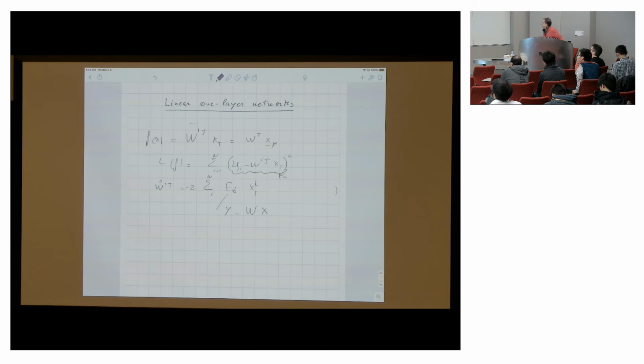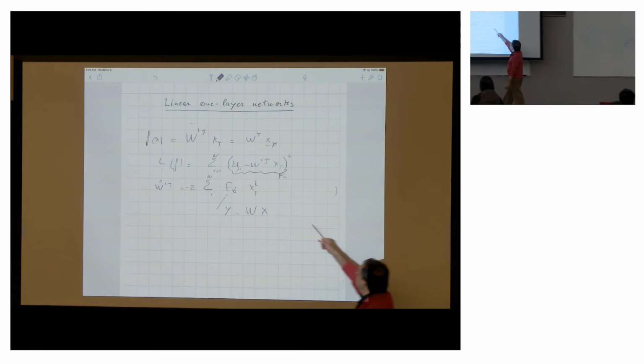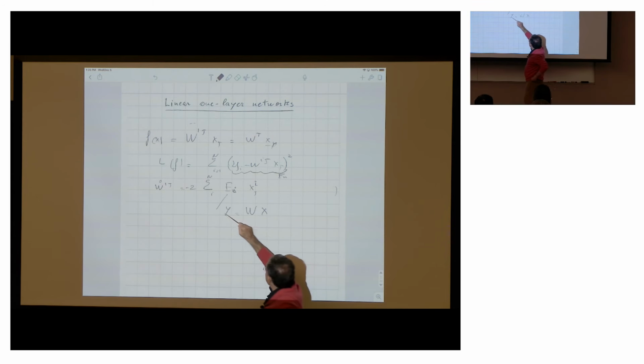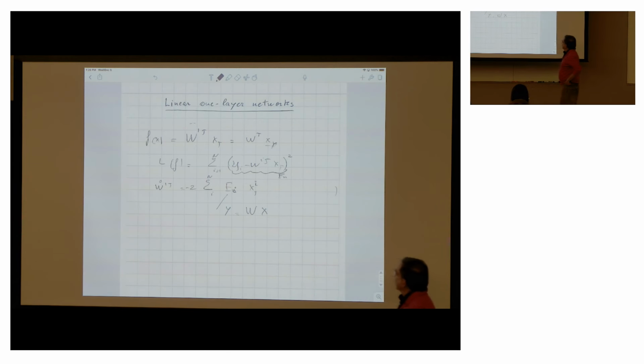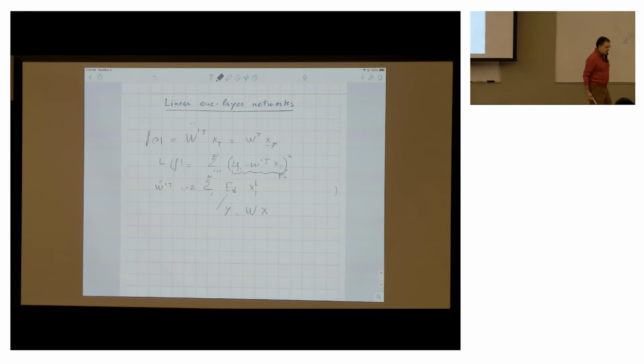This is now, I'm rewriting this as a matrix. All the y are a matrix with the yi as different columns, one row, and then W is the set of weights, which is a vector in this case, and X is again a matrix with all my examples.